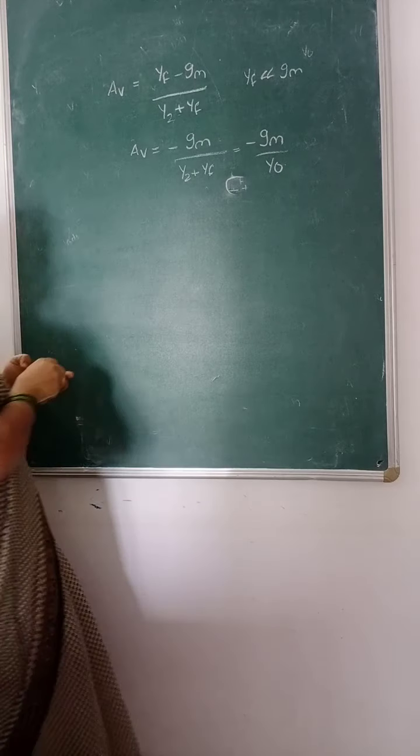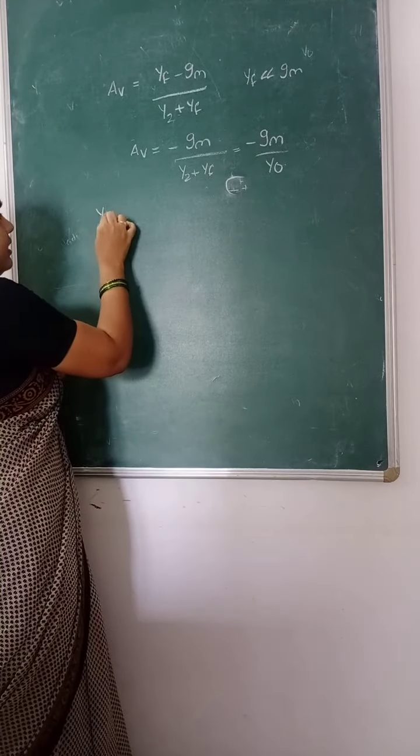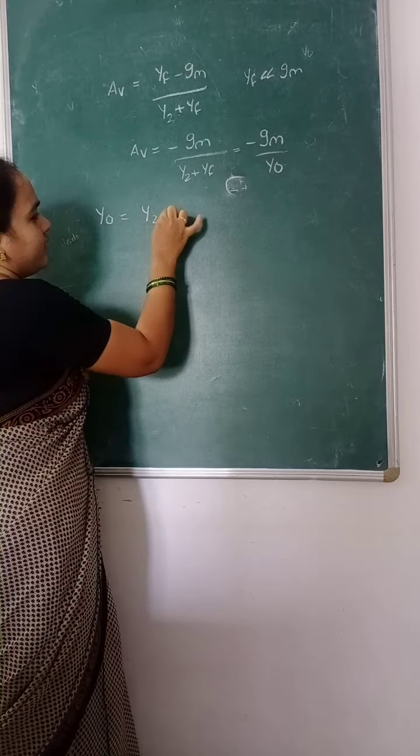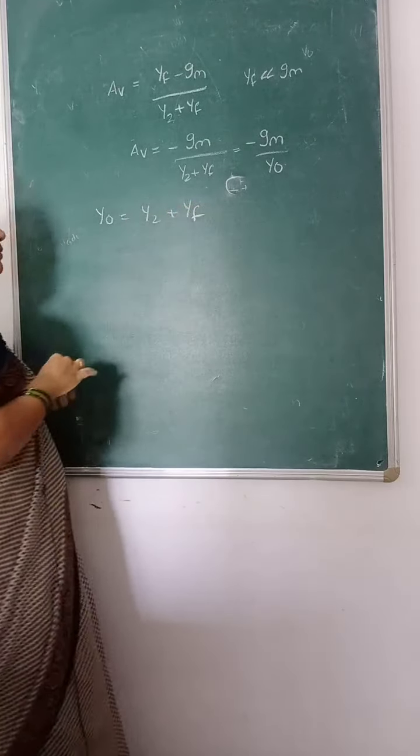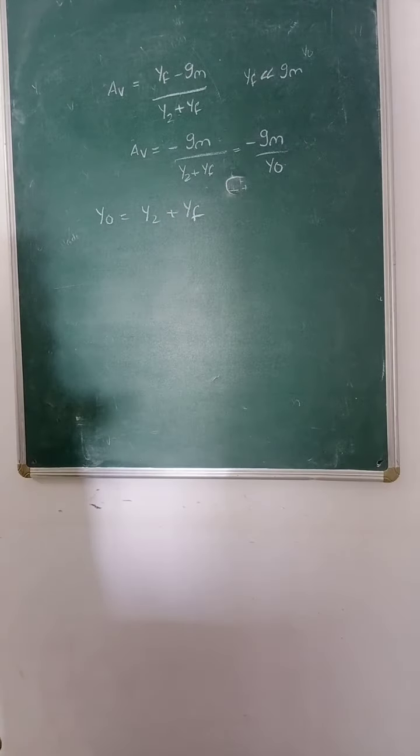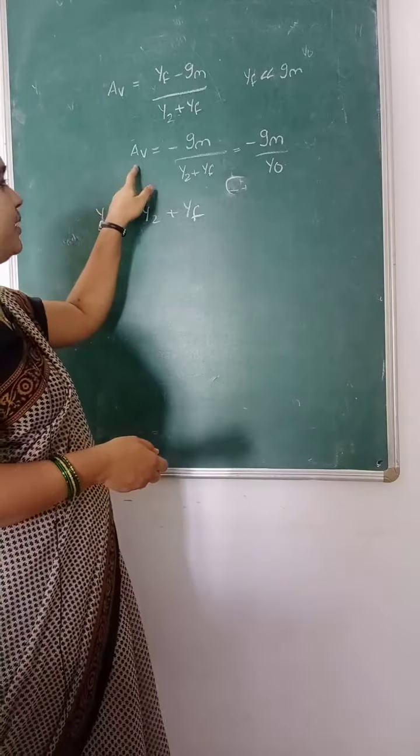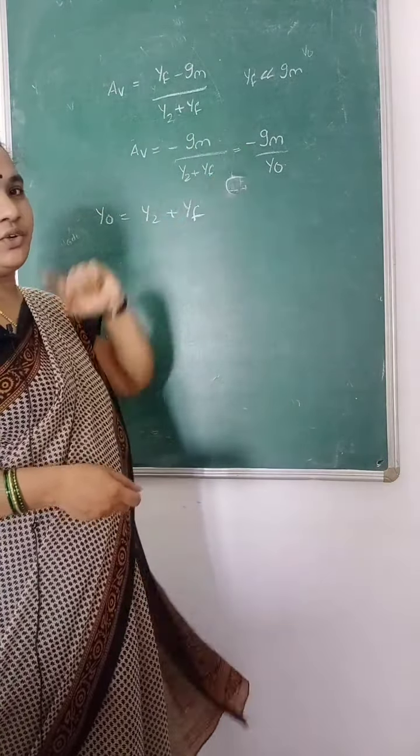What is Y0 here? Y0 is Y2 plus Yf. So this gain will be having the negative sign.